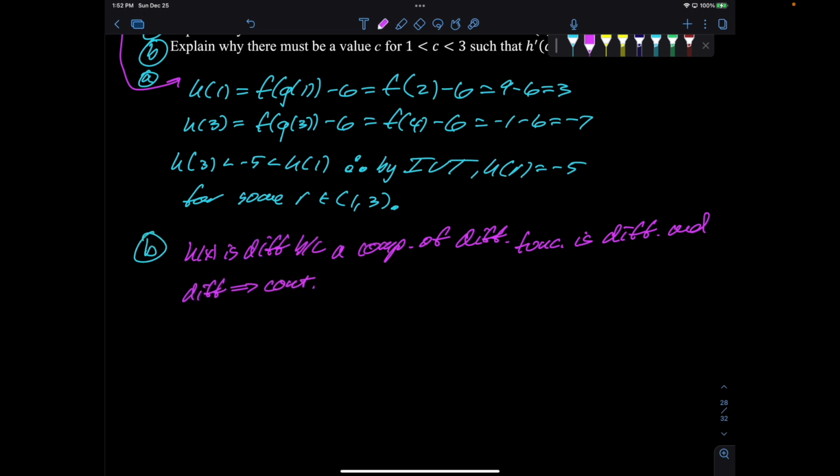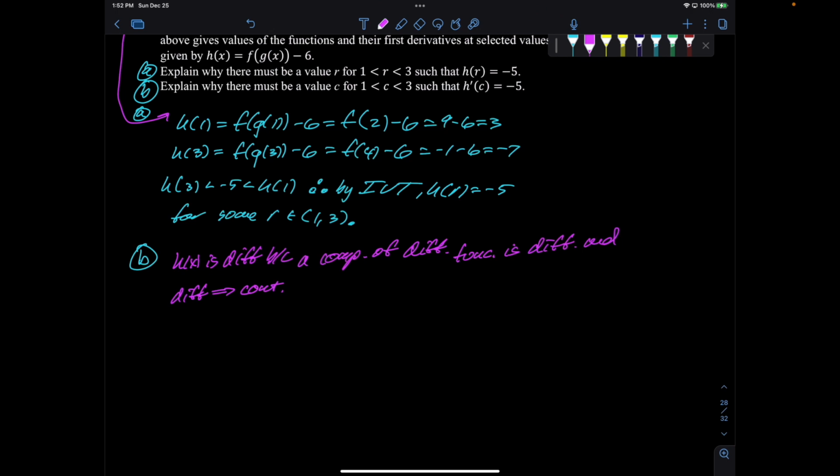Okay, there. So now what's convenient for us is that we found these values, that h of 1 is 3 and h of 3 is -7. I would say they made us put all the effort into that. We're going to use them more than once. So here I'll say, therefore, by mean value theorem, h prime of c is h of 3 minus h of 1 over 3 minus 1.